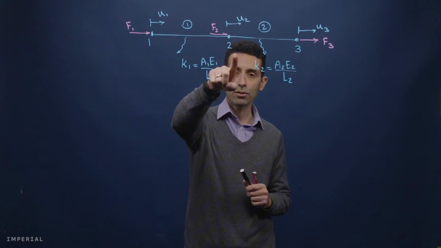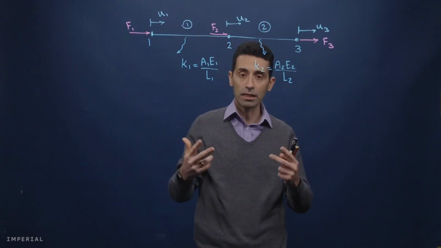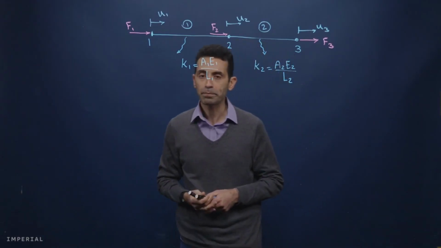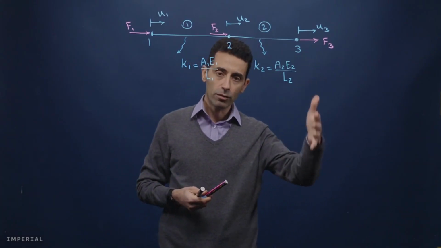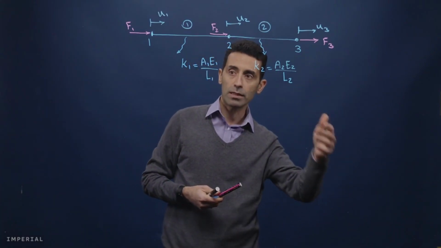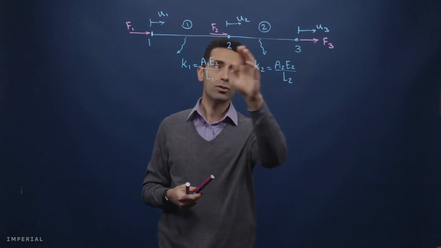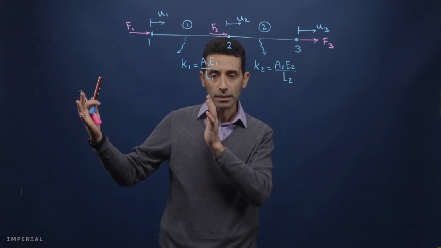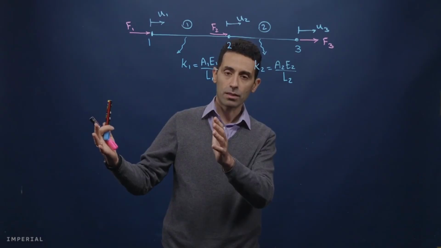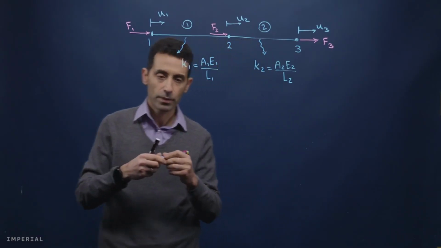Another degree of freedom is U2, and a third degree of freedom is U3. So the structure has 3 degrees of freedom. So you remember that the vector of nodal displacement and vector of nodal forces, they have now 3 elements, each of them, U1, U2, U3, F1, F2, F3. That means that K matrix, which is the structure stiffness matrix, it has to be a 3 by 3 matrix.